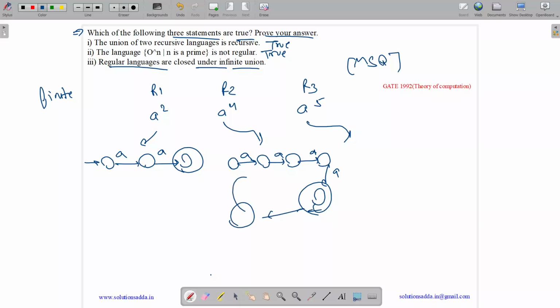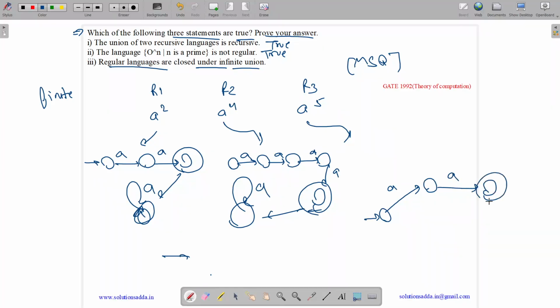We can also create trap states too. From here we can have a trap state on any number of a's, and from here as well. For a^5 we can create similarly. So we can combine them to get the union of these languages. If we have a over here, then another a, we accept.